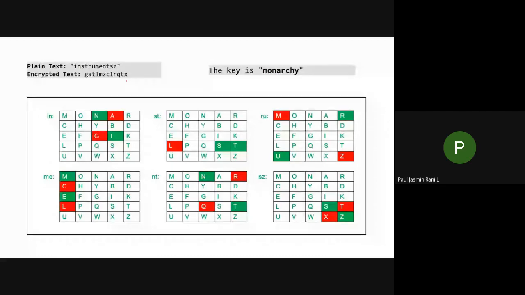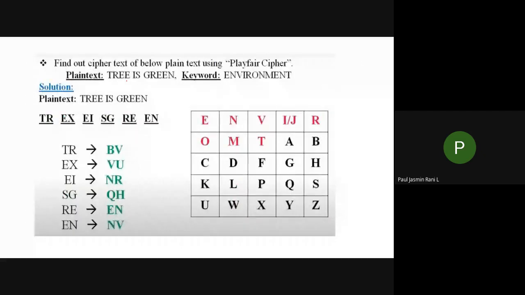Work it down. And next, let us consider this example. The second example: your plain text is "tree is green" and you are using the Playfair cipher.